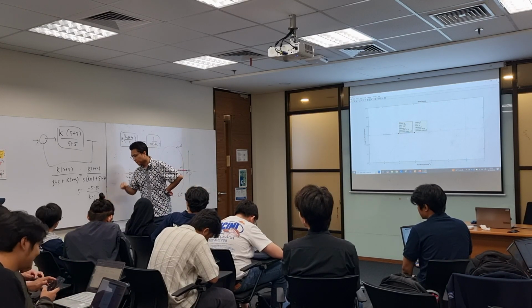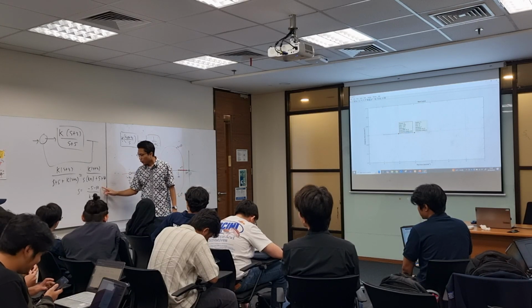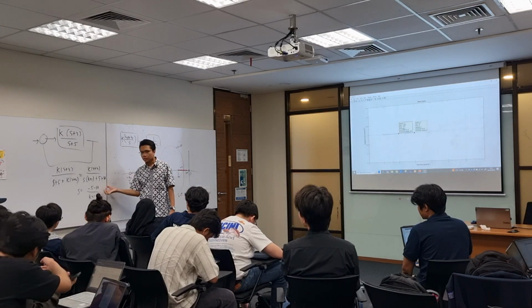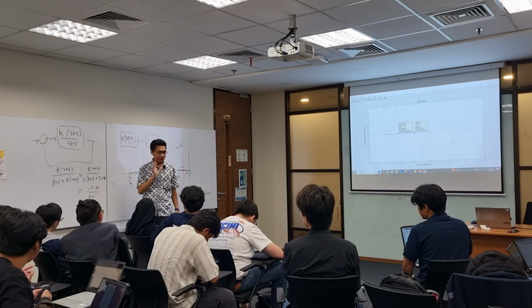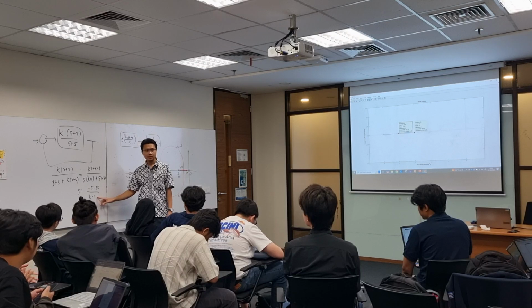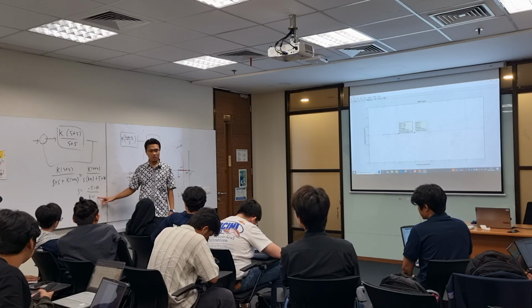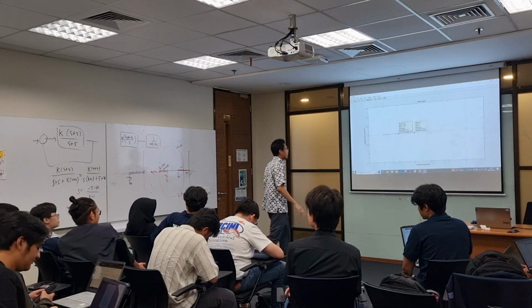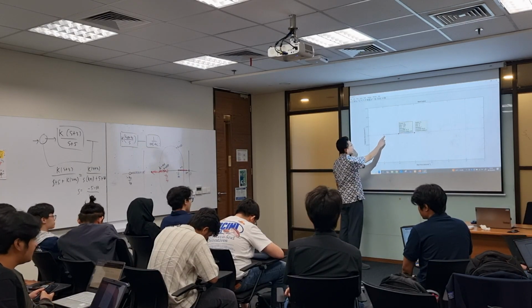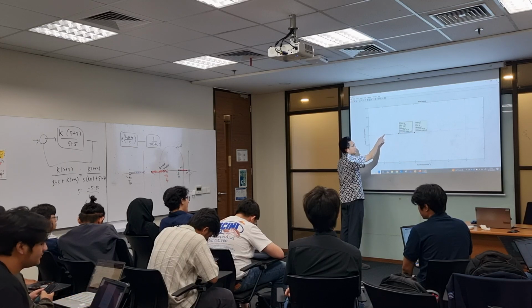Yes, this is correct. Okay, let's say K is 0. If K can be 0, what will be the s here? Minus 5. So when your K is very, very small, your pole will be close to here.